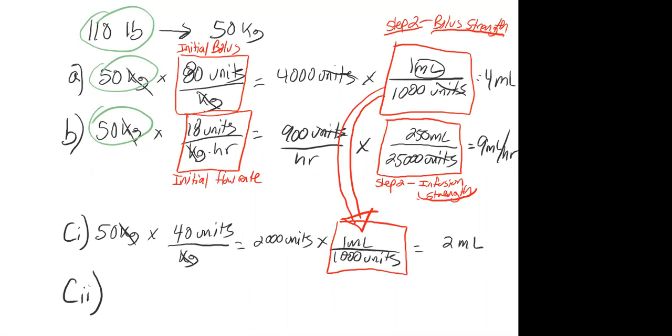Yes. What was the original? The original was 50. No, hold on. The original units per kilogram per hour would have been, let's see, it was 80 units. It would have been 18. Hold on. It would have been 900.